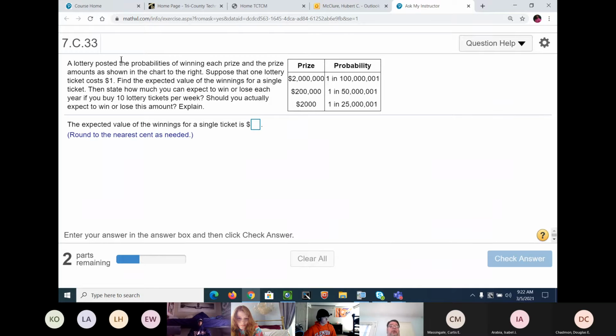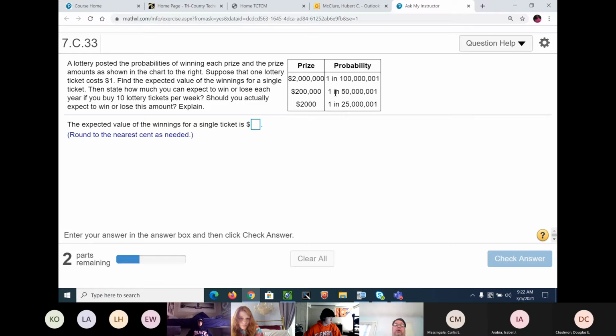All right. The lottery posted the probabilities of winning each prize and the prize amounts as shown in the chart to the right. Suppose that one lottery ticket cost $1. Find the expected value of the winnings for a single ticket. Then state how much you would expect each year if you buy 10 lottery tickets per week.